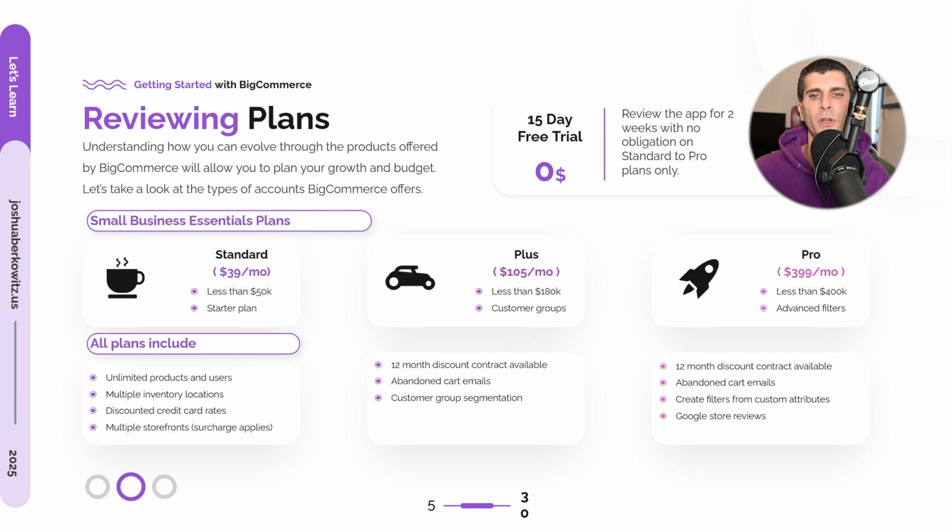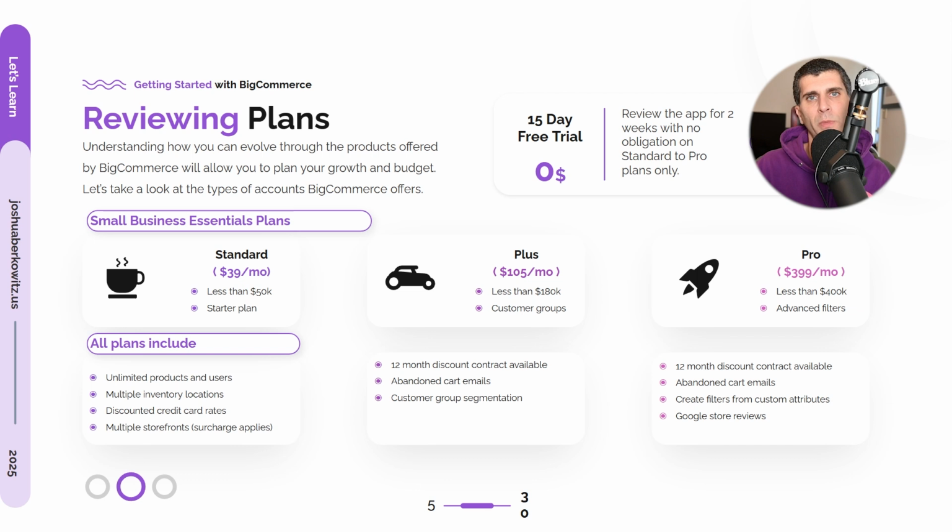And finally, with the Pro plan, you get abandoned cart emails and Google Store reviews, and you get advanced filters for the e-commerce platform. With advanced filters, you can turn custom fields into powerful filters on the catalog list pages. This helps with search, as well as usability and overall experience.